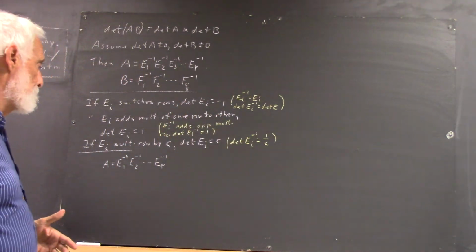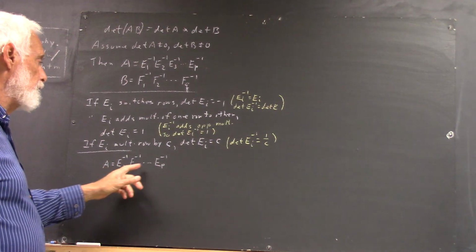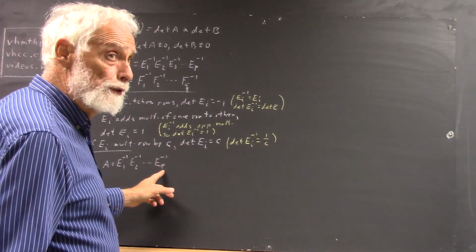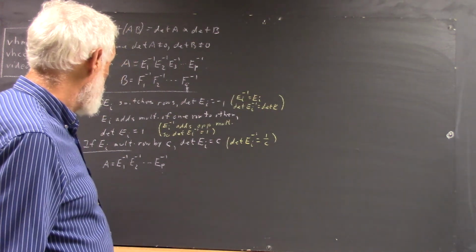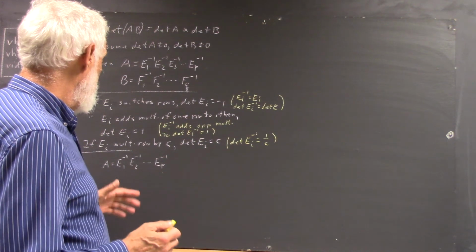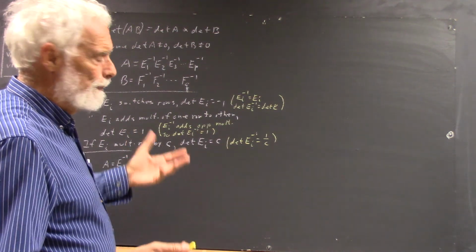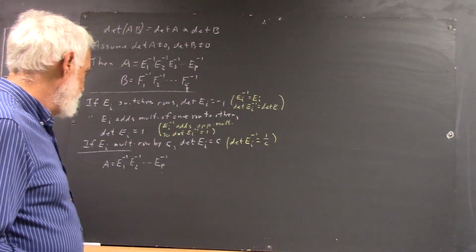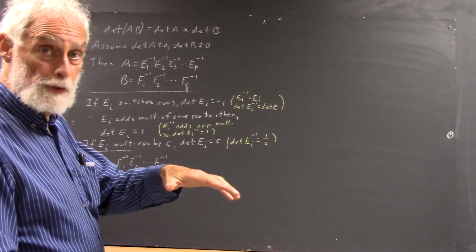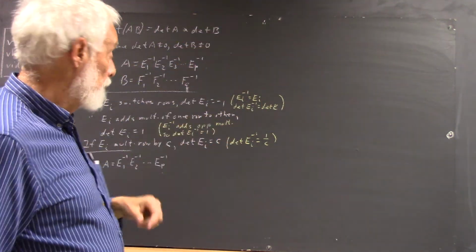Okay? So the list of things that these inverse elementary matrices do is the same as, and I'm kind of skipping a step here, which is why I'm hesitating, the same as what you would do to build the identity matrix with its determinant of 1 back up to the original matrix.